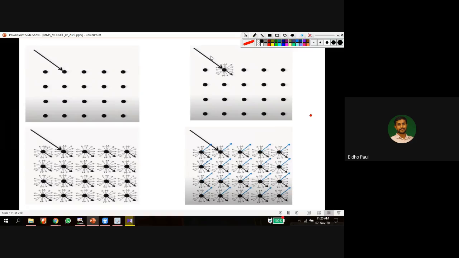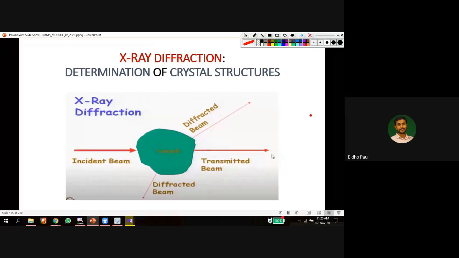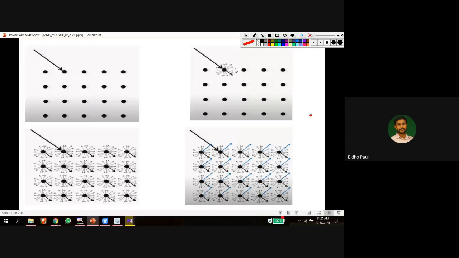When the X-ray beam is incident on this particle, what happens? Two things will happen. One is transmission, similar to this case. A beam is transmitted. The other one is scattering of the beam with this particle. So these two events will occur, scattering as well as transmission.